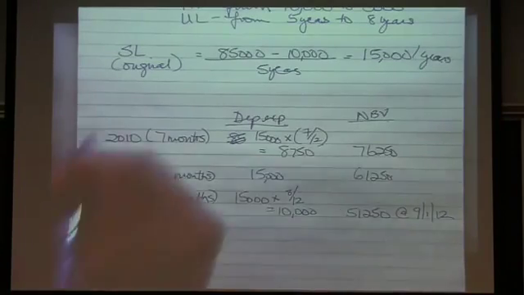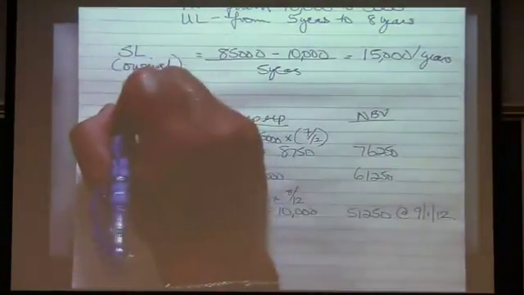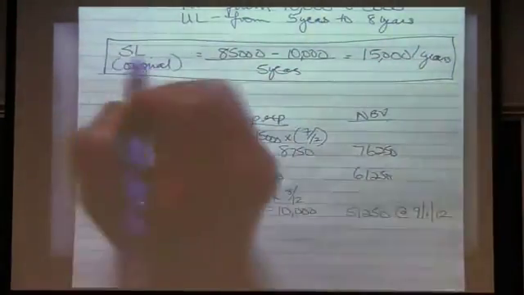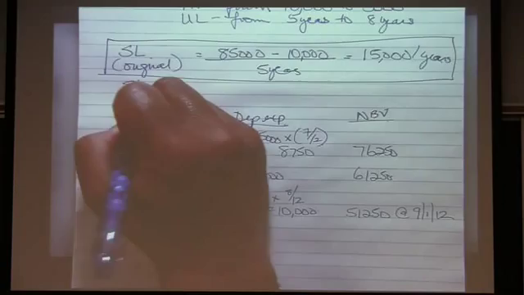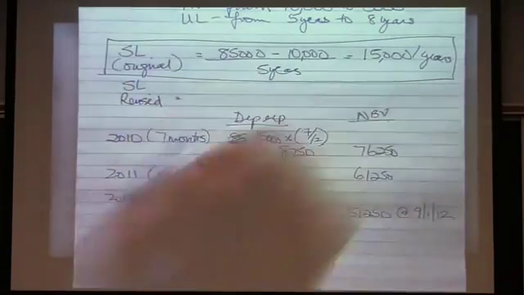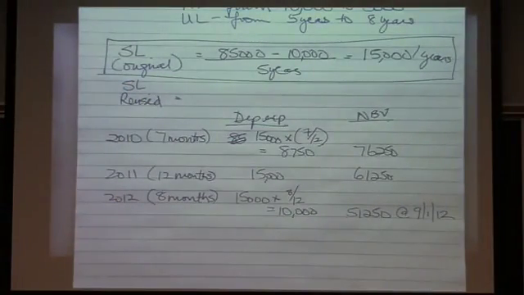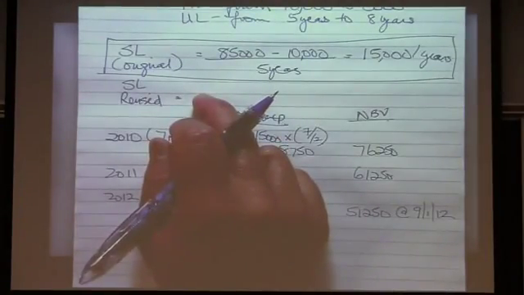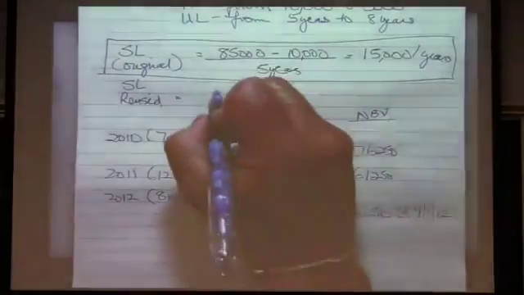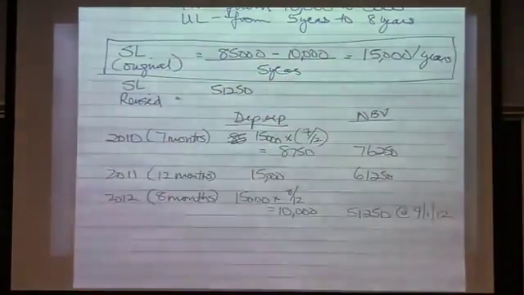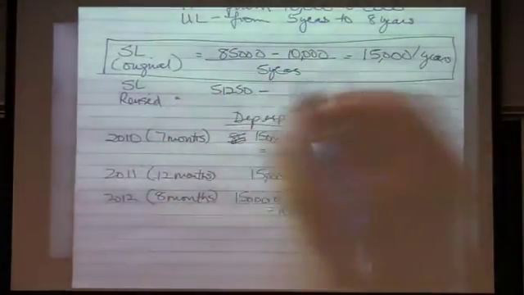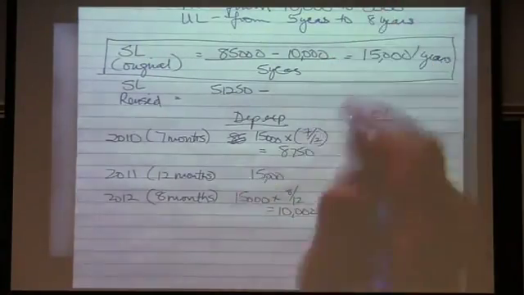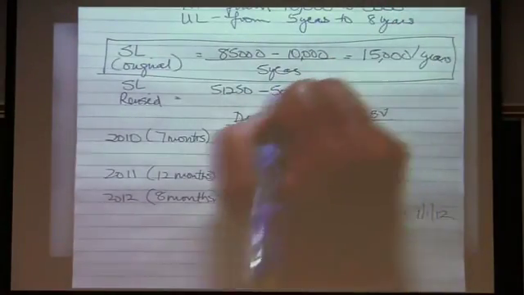So now we're going to calculate the revised straight line amortization. And to calculate the revised straight line amortization, we need a net book value prior to the change, which is 51,250. We're going to subtract the residual value of 5,000.